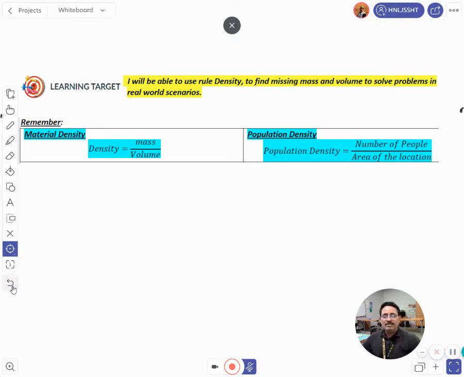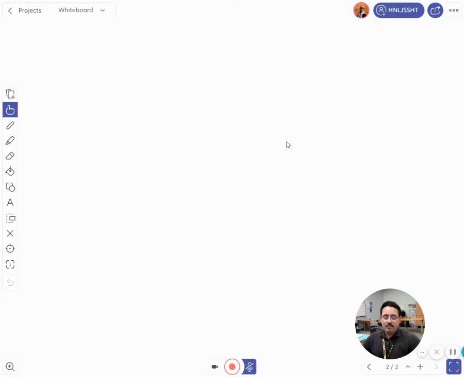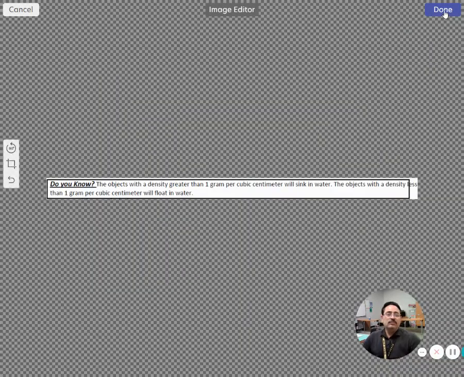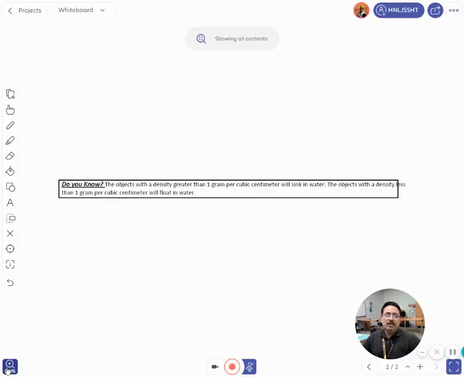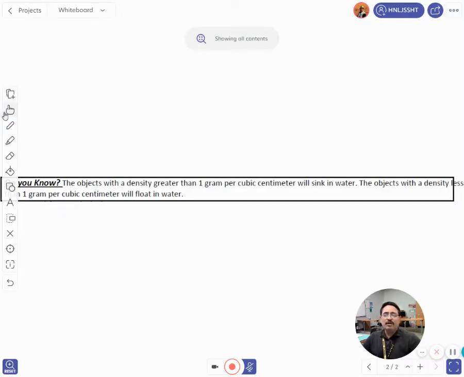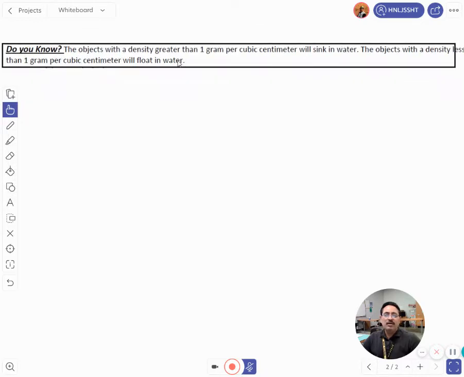And one more thing, again, if we talk about the material density, it's interesting to know that if you take a pin and leave it on the surface of water, it won't float, it sinks.